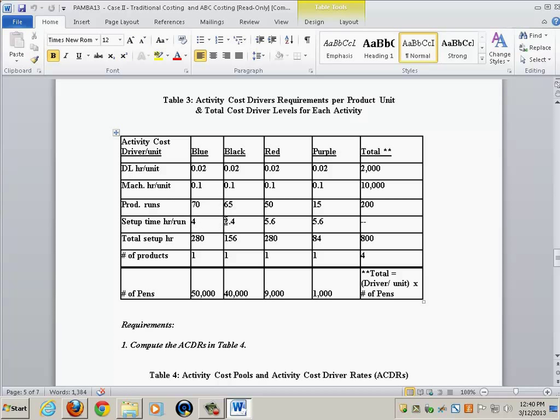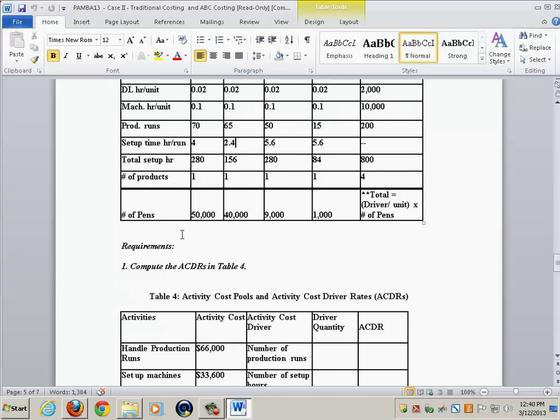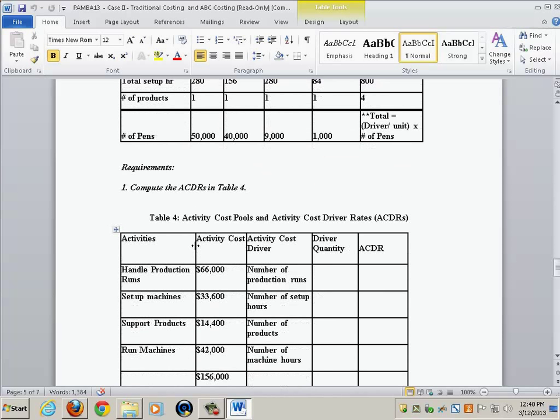The smallest setup time is for black, because the cleaning time needed to switch to black, as we discussed, is low. Higher for blue, and the highest for red and purple. Total setup hours is the number of runs times the setup hours per run. 70 times 4, you get 180. Products, each product is one product, so it's 1, 1, 1. Totally there are 4 products. And these are just a reminder of the number of pens produced.